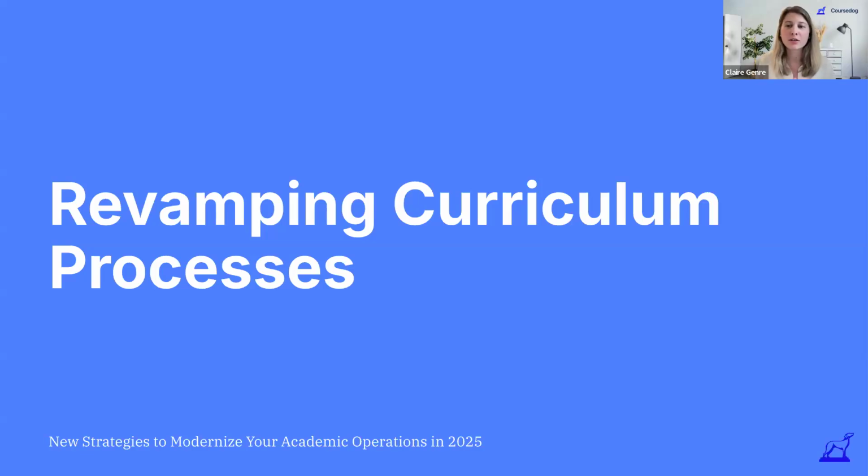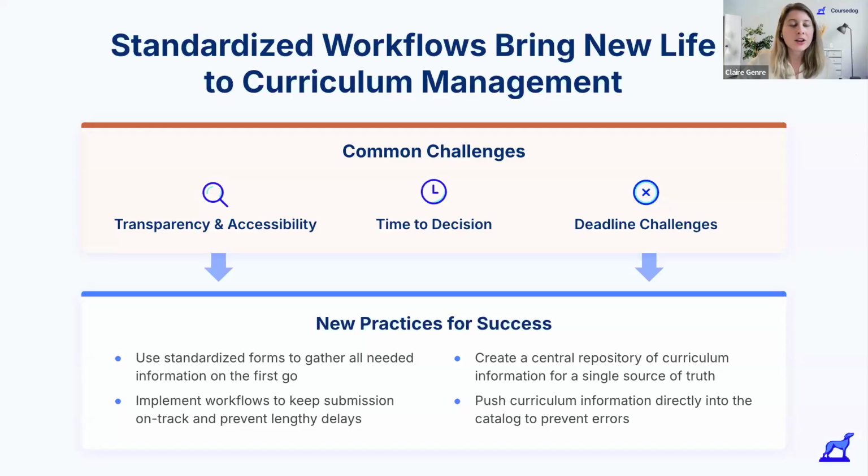So for the sake of today, we're going to go through each function at a high level, really aiming to give you the end-to-end picture and share what we believe are the most impactful practices for transforming each function and that we've seen being most successful at institutions across the US.